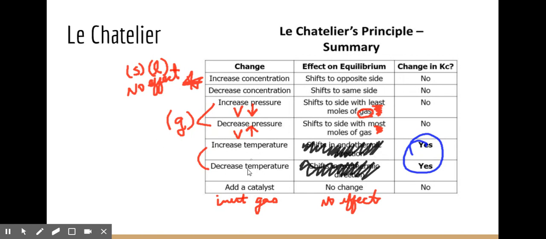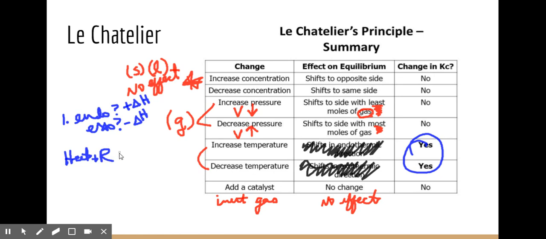Now, when I'm talking about temperature, I first have to know, is it endo or is it exo? That's the first thing I look at. Remember, endo, positive delta H values. Exo, negative delta H values. Okay, so if I have an endothermic reaction, that means heat is going to be on my reactant side.